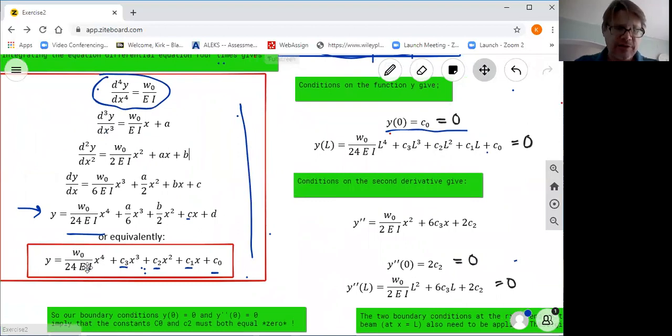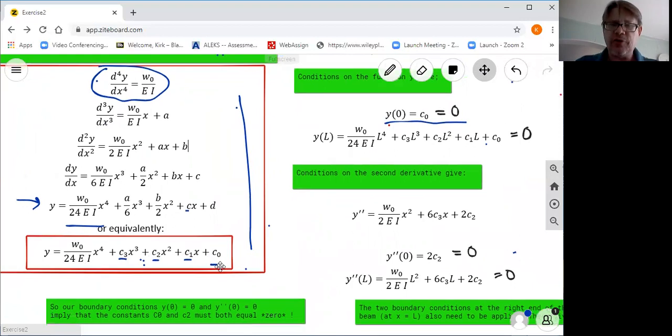And when we take a look at the form of the function, if I substitute in x equal to 0 into this fourth order polynomial, the only thing that's left in the equation, for goodness sakes, is C0. All the other terms in the quartic polynomial go to 0 at x equal to 0. So the only thing that's left there is C sub 0, and C sub 0 has to be equal to 0 because that's the value of y at 0.